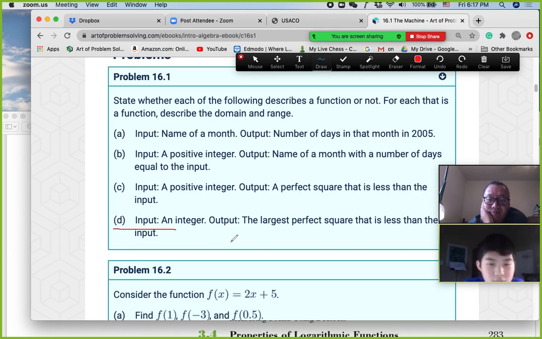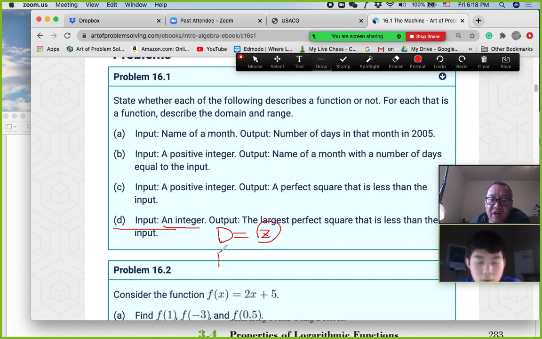Is it all real numbers? No, see, they give it an integer. So that means the domain is all integers. In math you can use Z to represent the integer set, right? Okay, so use Z to represent integers.